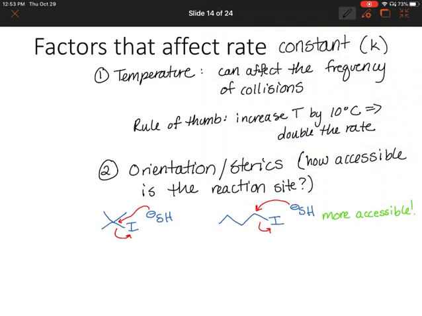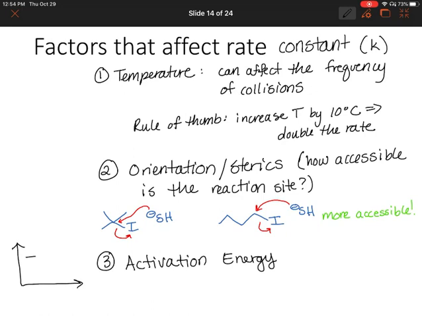All right, then the last factor that affects the rate of the reaction and the rate constant is the activation energy. So this is from our reaction coordinate diagram. So remember, the difference between the top of this hill or barrier and the reactants is the activation energy.